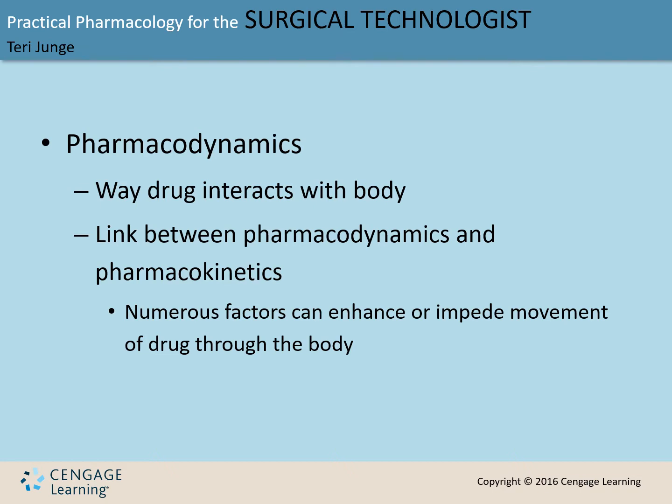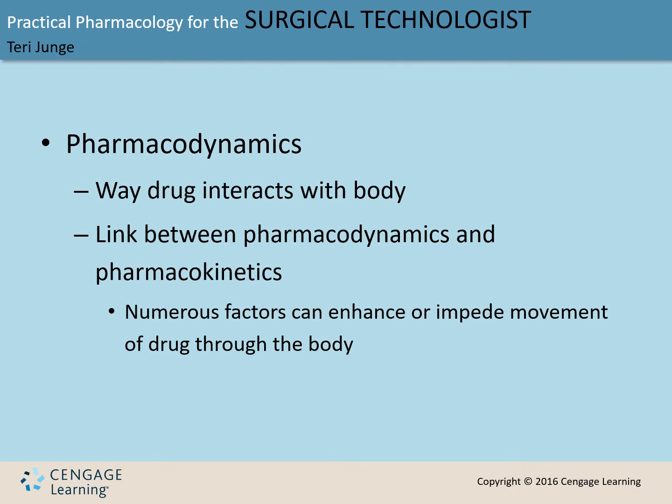So it only makes sense that if the body is functioning at its peak performance, then pharmacodynamics is going to be a lot easier to predict and understand how drugs are going to impact the tissues and the organs and the cells.